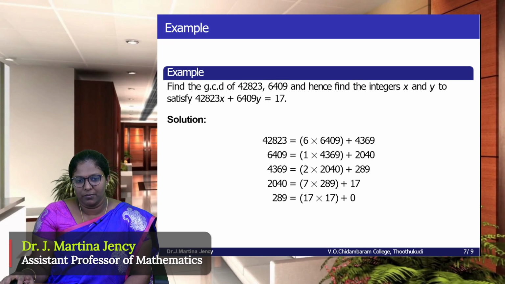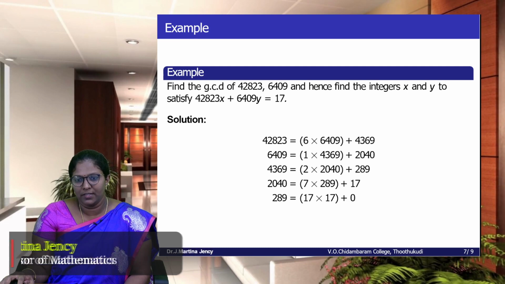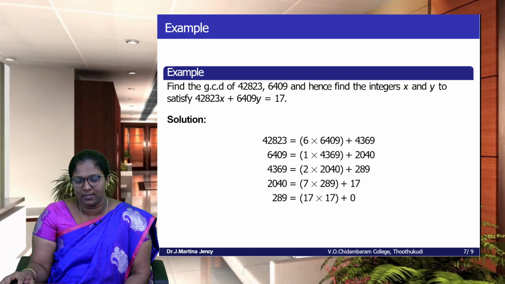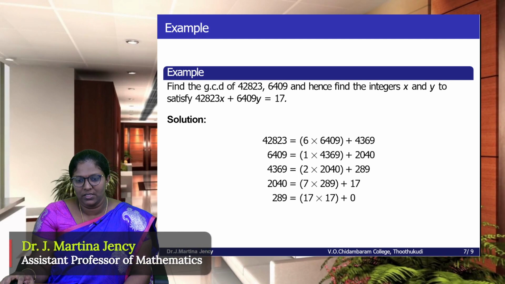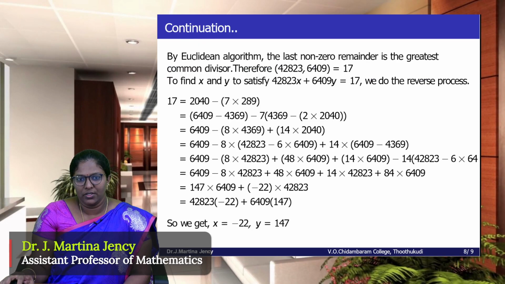Among these two numbers, the bigger number is 42,823. Express this as 6 times 6,409 plus the remainder 4,369, and continuing this way, we get 289 as 17 times 17 plus 0. So here the last non-zero remainder is 17. By the Euclidean algorithm, the GCD of these two numbers is equal to 17.